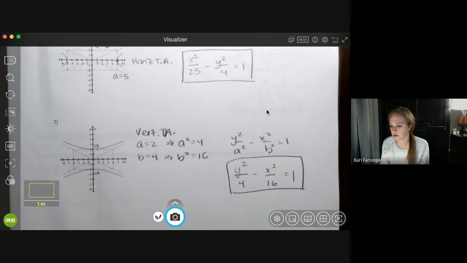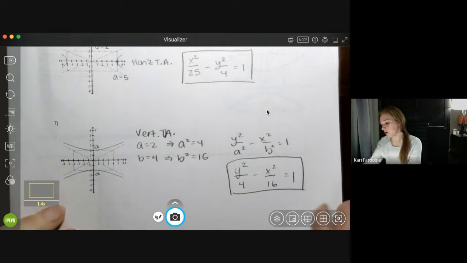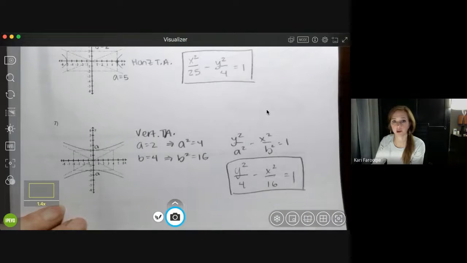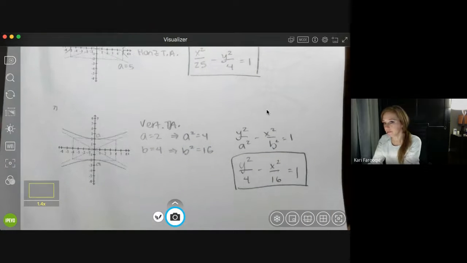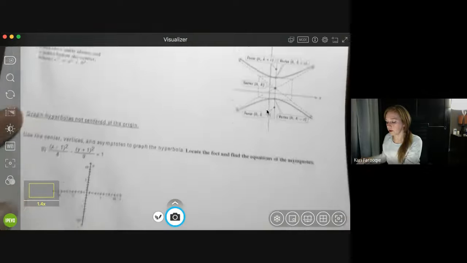Which one has the fact that the A squared has to be in a specific term? So try to work your way back and forth between these so that you get used to knowing the properties for each one.